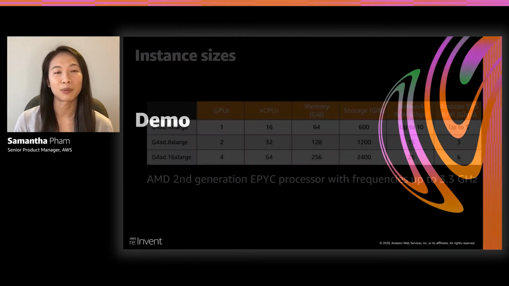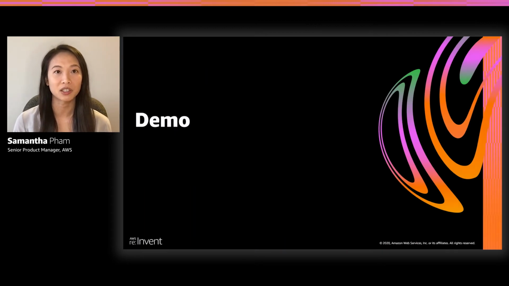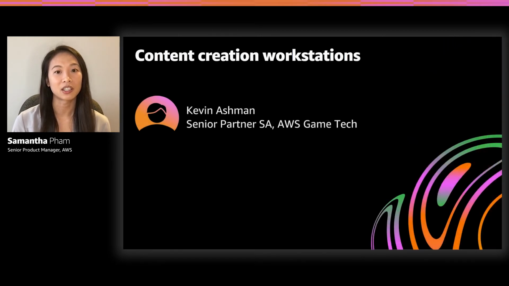Now we want to share a demo about how these instances can be used in real life. Kevin Ashman, our senior partner solutions architect in our AWS Game Tech org, has created a demo using G4ad instances for content creation workstations.